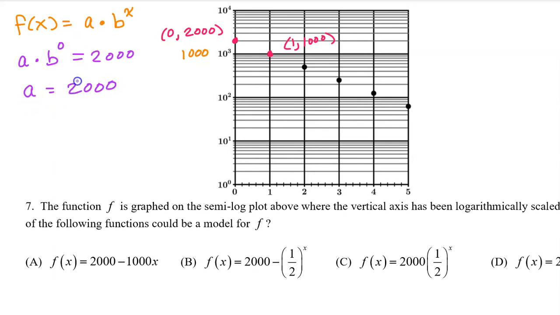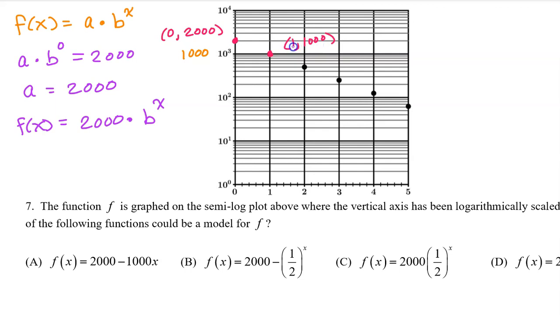So plugging this into the model, we now have f of x is equal to 2000 times b to the x power.